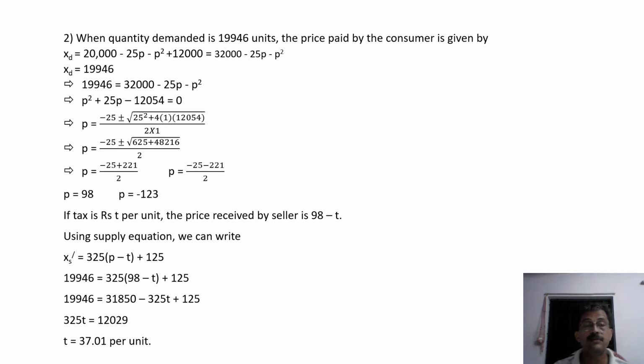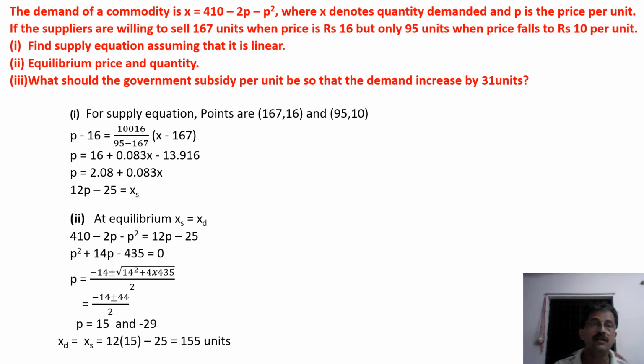So using the supply equation, we can write xs dash is equal to this. So p is 98 here. So t we get 37.01 per unit. Tax is 37.01 per unit.